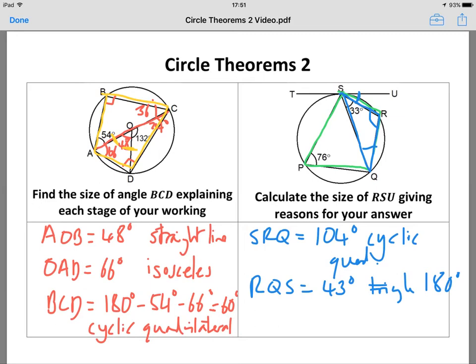And then the last one, we've got RSU, which is the one we're looking for there. RSU also equals 43, and you need to use the property alternate segment. Right, segment, spelled exceptionally badly. In fact, that's so bad, I'm going to do that again.